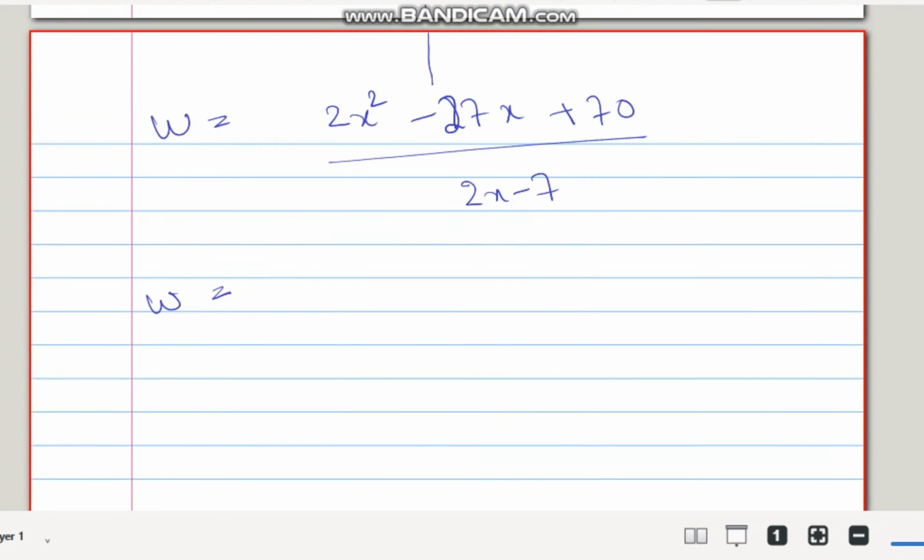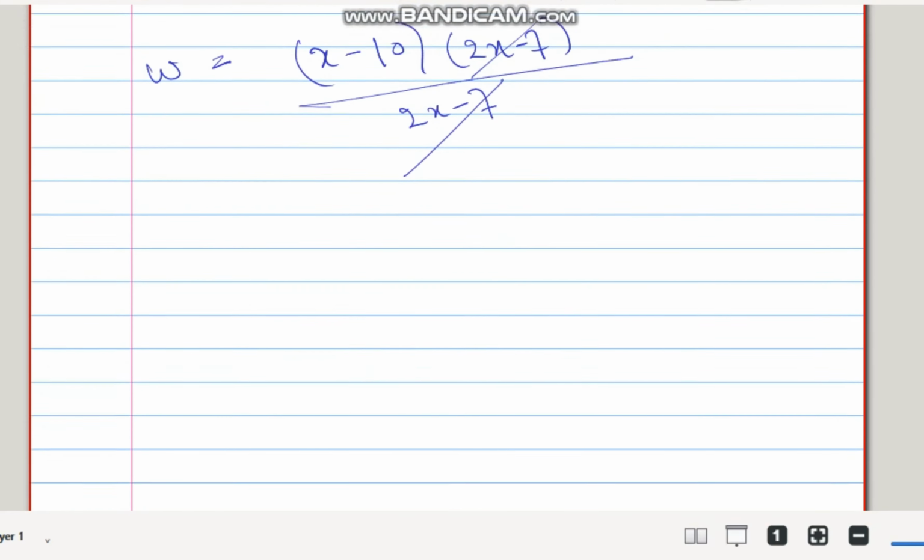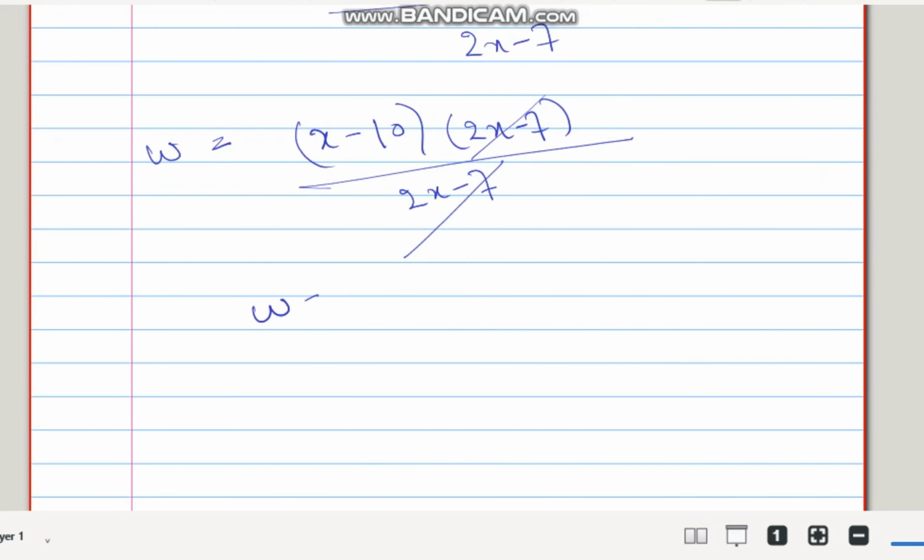Just watch my pen. x minus 10 and 2x minus 7, and the denominator will be written the same. Now these will cancel out because these are the same, and we will be left with x minus 10.